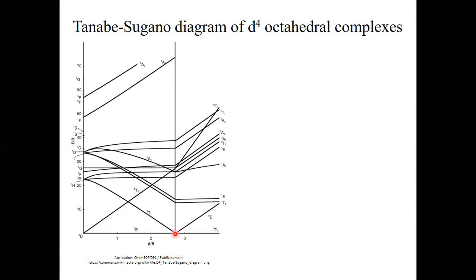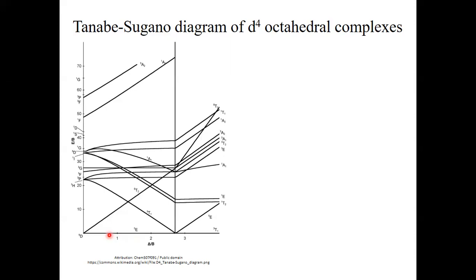Below a certain ligand field strength, our complex is a high spin complex, but above a certain ligand field strength, our complex is a low spin complex. And that means that our ground term must change as we switch from a high spin complex to a low spin complex.